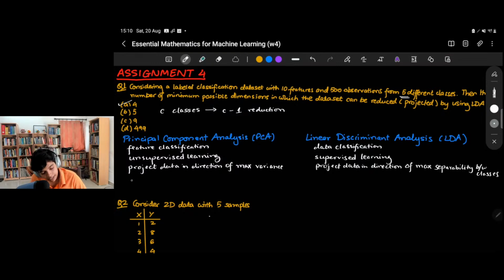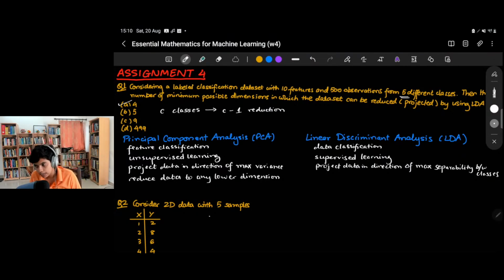And PCA can be used to reduce data to any lower dimension. So whatever dimension we have, let's say here we had 10 dimensions, 10 dimensions can be reduced to 8 dimensions, 5 dimensions, 2 dimensions.